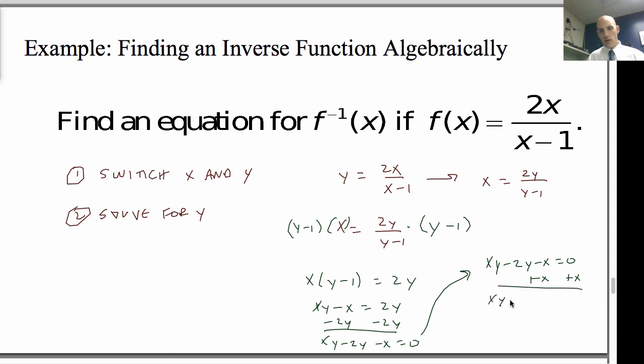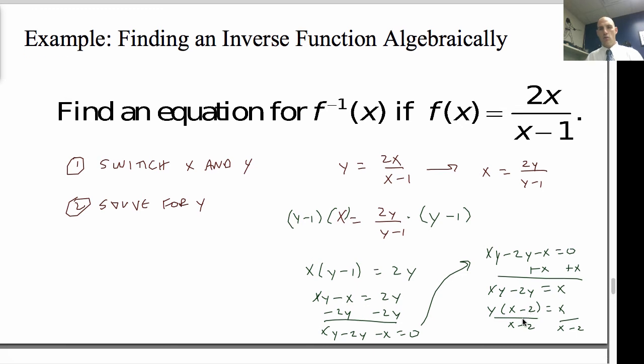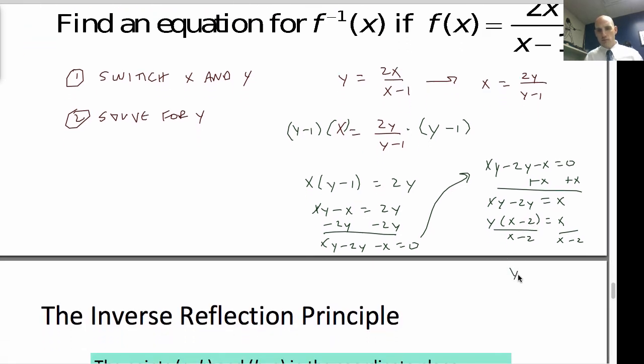So xy minus 2y equals x. And then I'm going to factor out a y. So y times x minus 2 is equal to x. And then I'll divide by x minus 2. So y equals x over x minus 2. And so that means that f inverse of x is equal to x over x minus 2.